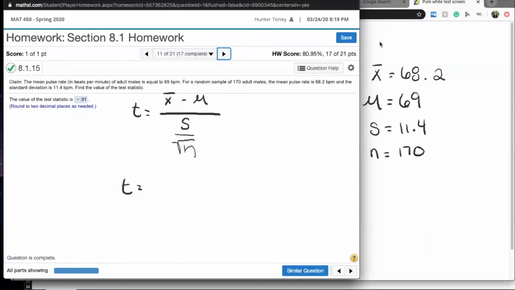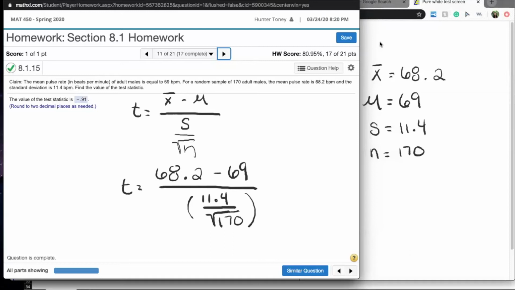Our t is equal to our x bar, which is the 68.2, minus our population mean of 69, all divided by, I'll even put it in parentheses just so we remember it's separate, our s, which is 11.4, divided by the square root of our n, which is 170.